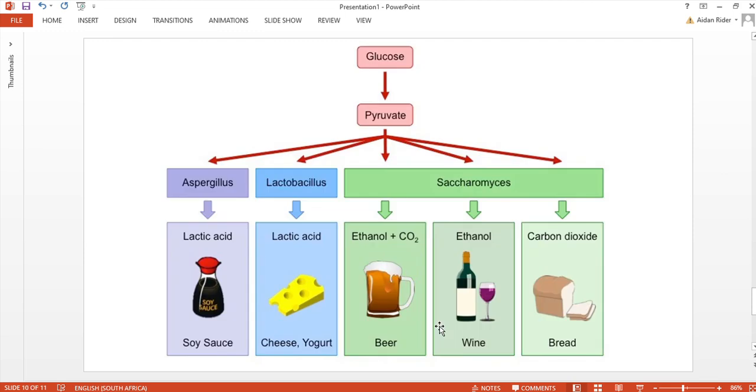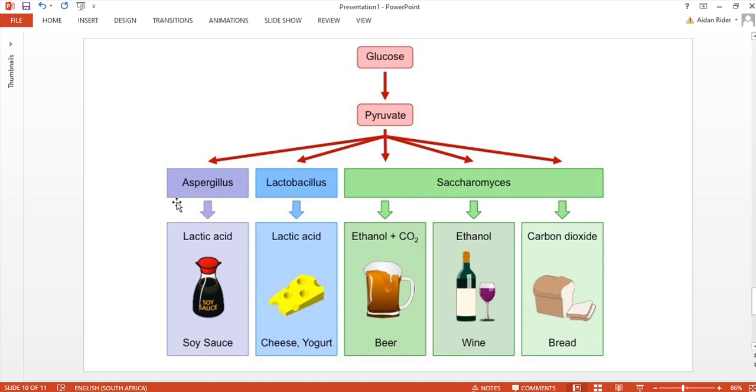Okay, then what are the uses or benefits of anaerobic respiration without oxygen? Because as we mentioned, fermentation happens, and what we as humans usually eat or use because of fermentation is basically all these byproducts: cheeses, beer, wine, and even bread. So during this process, glucose is broken down, pyruvate is created, and then depending on the type of yeast or bacteria that you use, different products can be produced for human consumption.